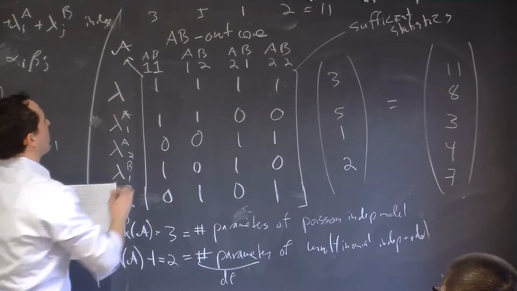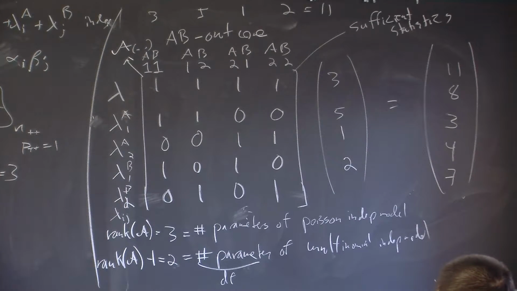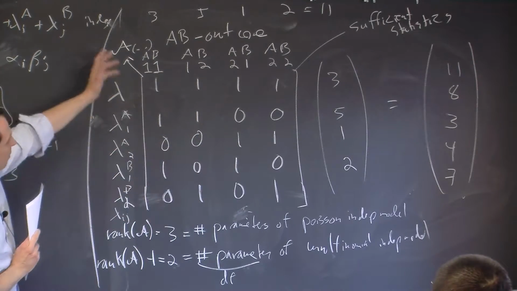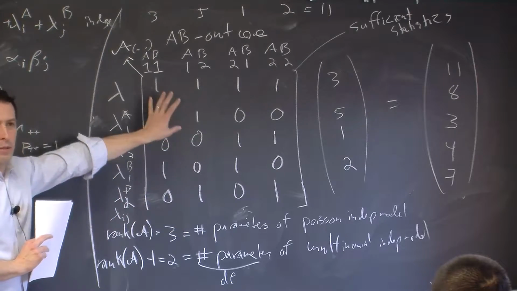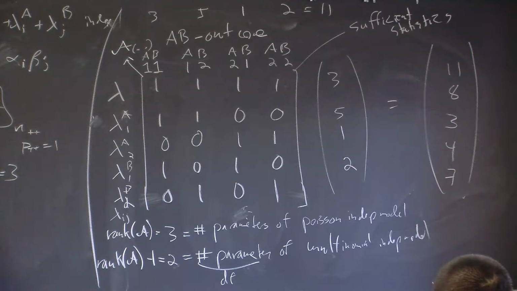You should think about this as an independence model, maybe. If I write a different model, it'll have a different matrix. But you can always compute the degrees of freedom of the model by computing the rank of this matrix, which is like a sufficient statistic matrix. And that fact extends to arbitrarily complex log linear models.